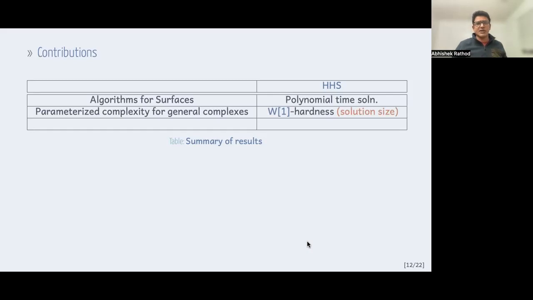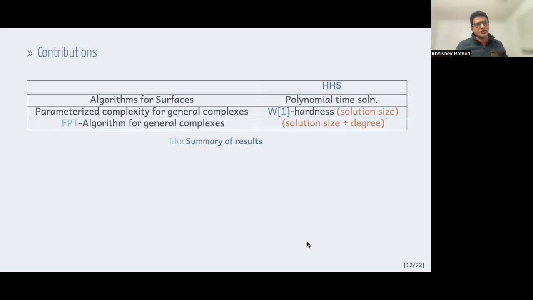To complement the second result, we show that if you take the solution size plus degree of the face poset as a parameter, then we have an FPT algorithm. There are families of complexes that are interesting for which the degree of the face poset is bounded, so that in that case, you get a true FPT algorithm in terms of the natural parameter.